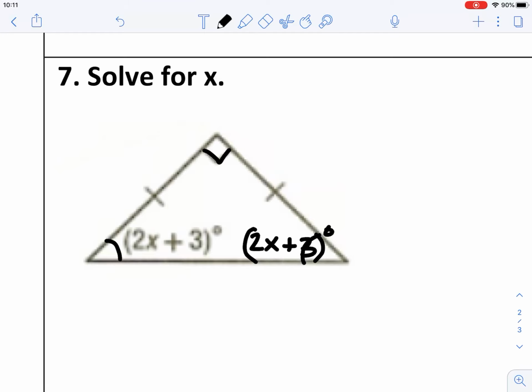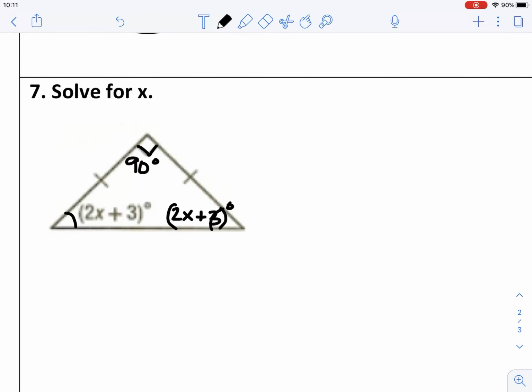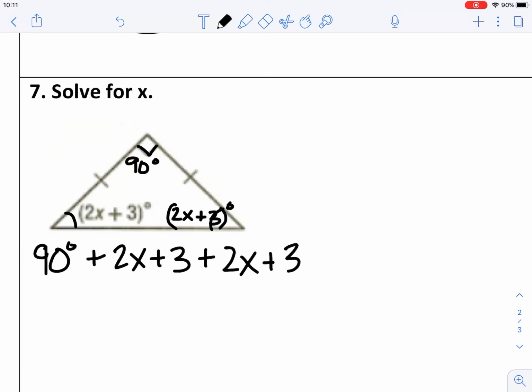The marking here tells me that I have a 90-degree angle. And as the sum of the interior angles of a triangle is equal to 180 degrees, I will add the three angle measures, 90 plus 2x plus 3 plus 2x plus 3, and set them equal to 180 degrees.